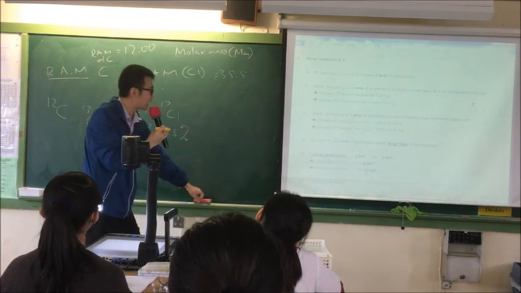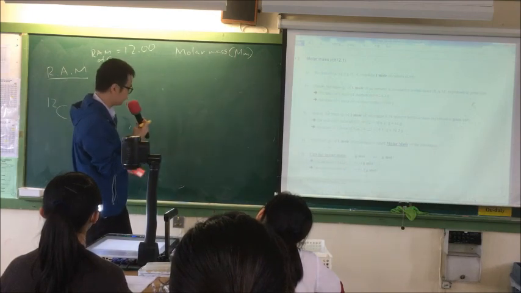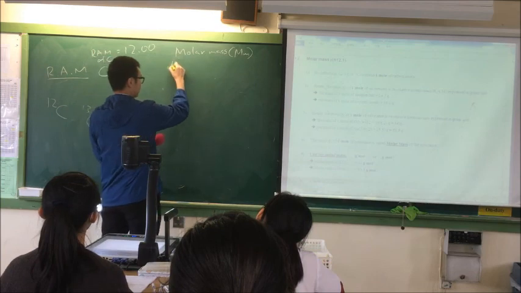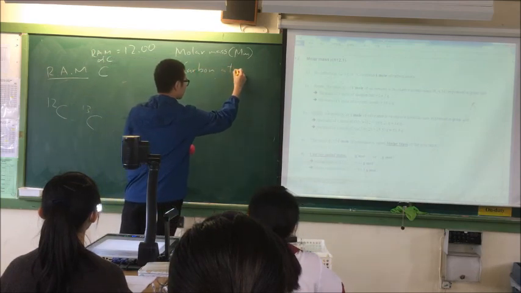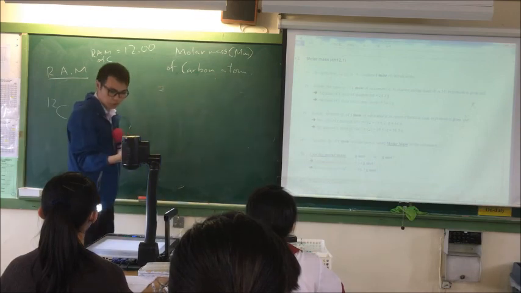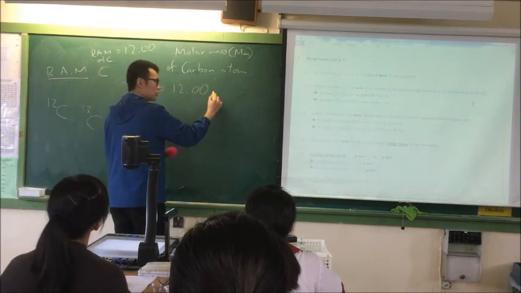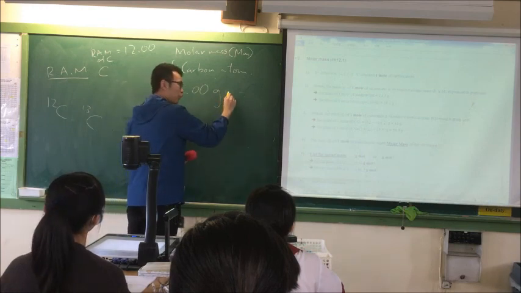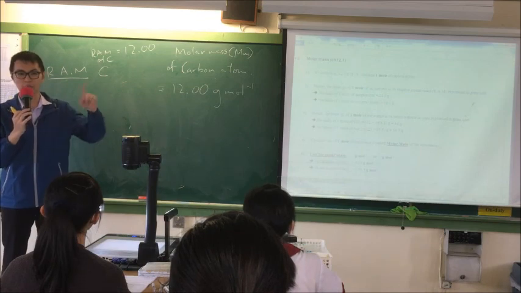Molar mass of carbon atom will be equal to 12.00 gram per mole. Gram per mole.